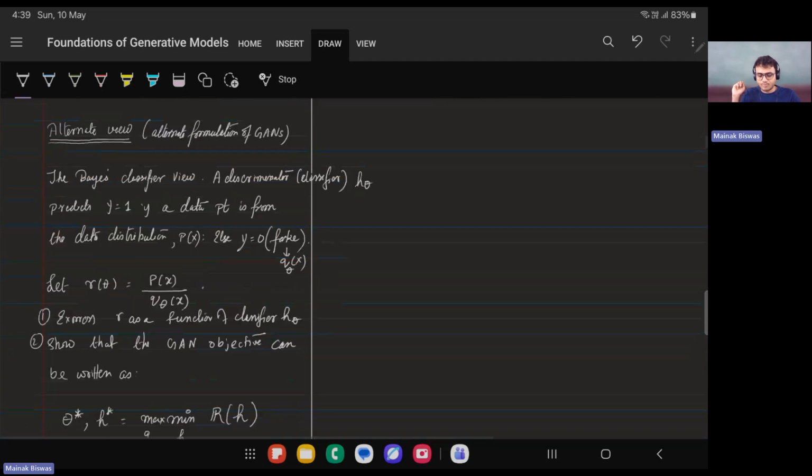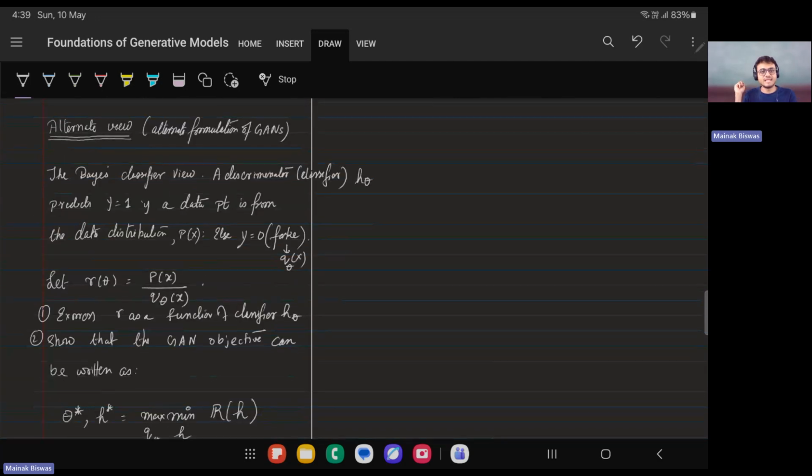Okay, so now there's an alternative view to optimizing GANs. The alternative view is using this Bayes classifier idea. The idea that the Bayes classifier exists, and you are training a model h theta, which takes in a real value x, real data, and says whether it's real or fake data. If you have such a classifier, then that's all it takes.